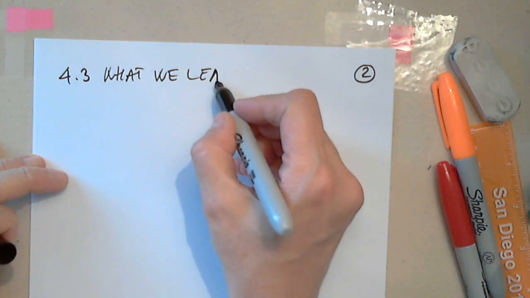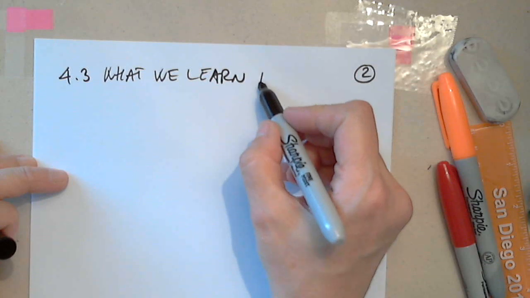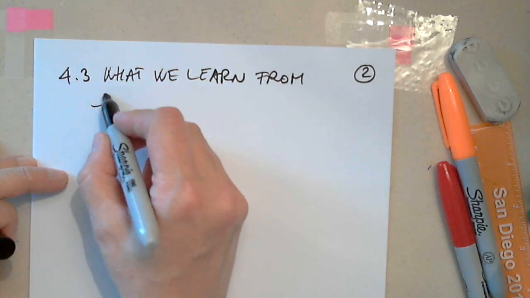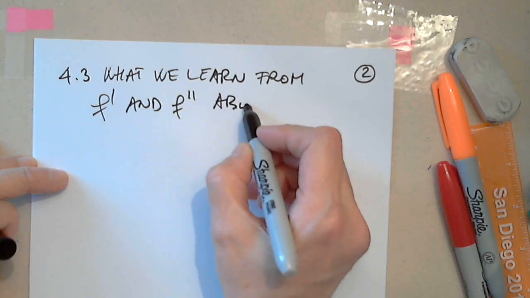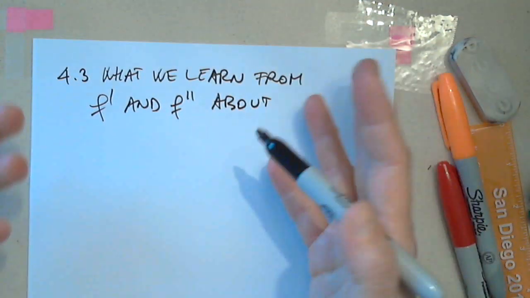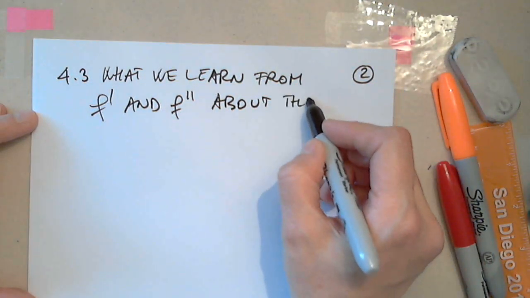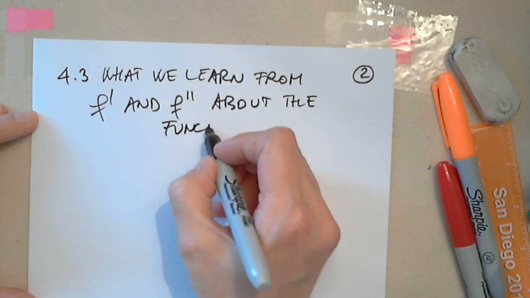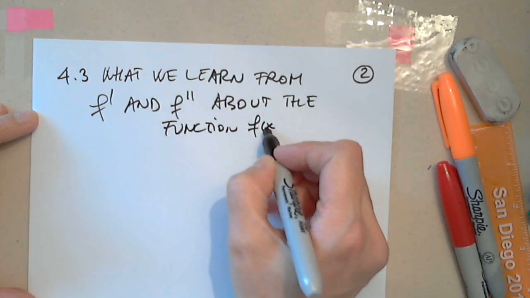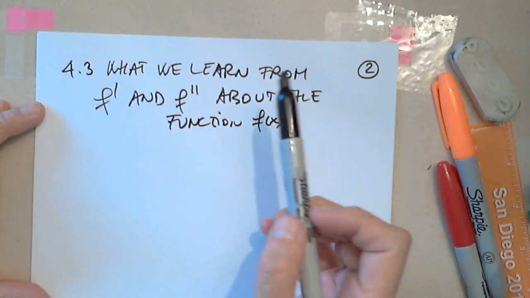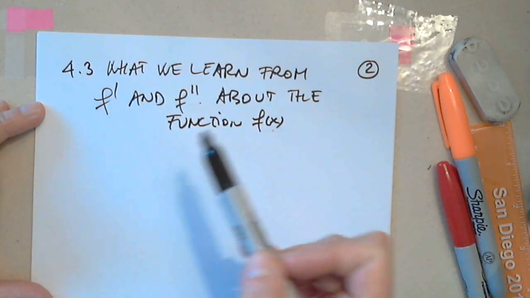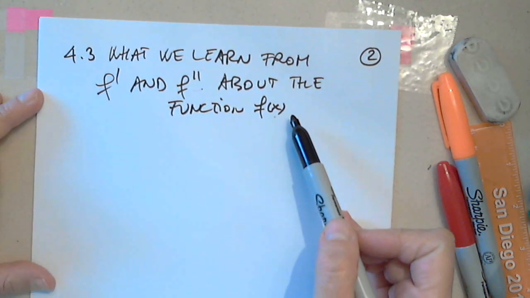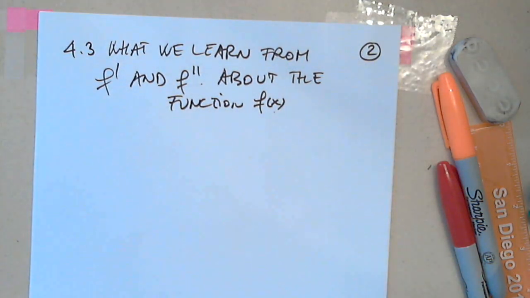Okay, so what we learn from f prime and f double prime about a function. If you want the graph, but in general about the function. So what we learn from the first derivative and the second derivative of f of x about f of x. So that's what the title should be.